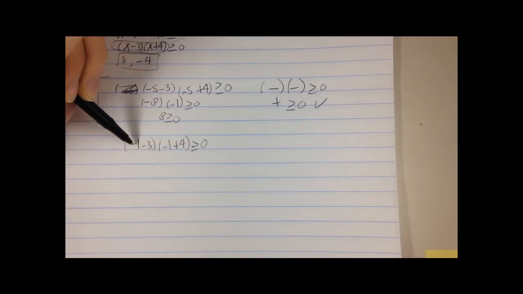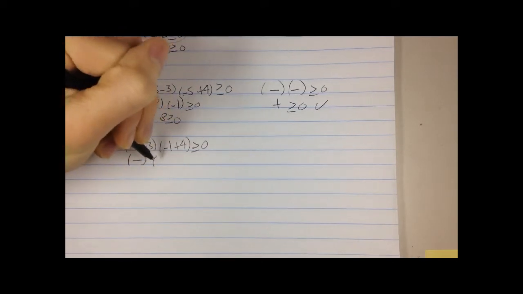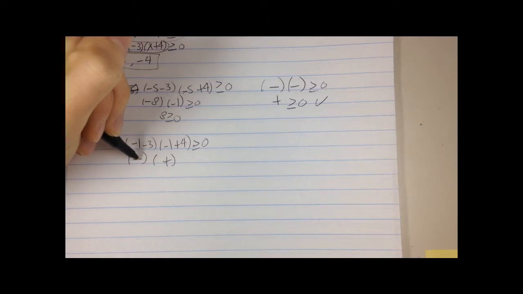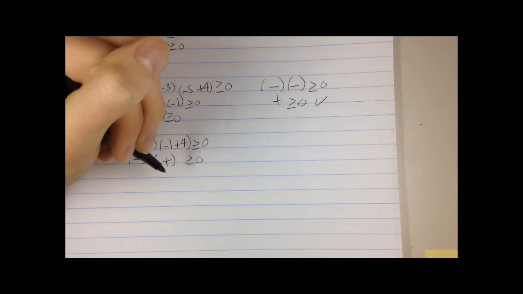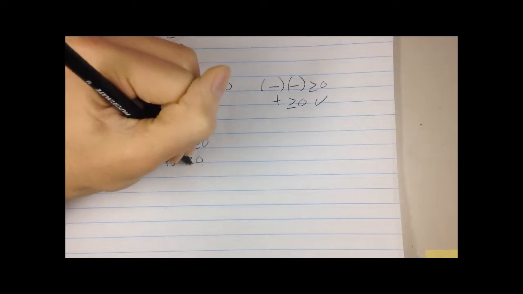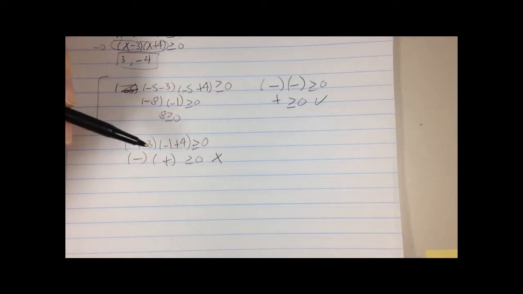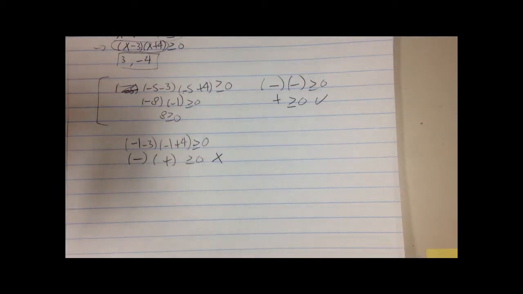So 1 minus 3, that's going to be a negative number, and 1 plus 4, that's going to be a positive number, and any positive times a negative is going to be a negative, and a negative number is not going to be greater than or equal to 0, so that point does not work. So that means that all the numbers between -4 and 3 won't be in our solution.